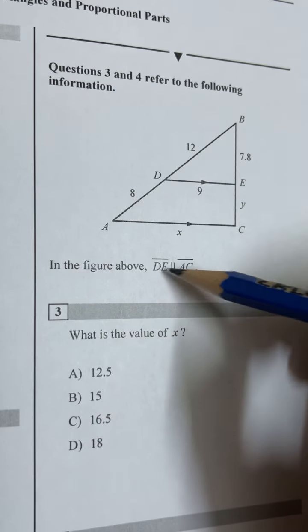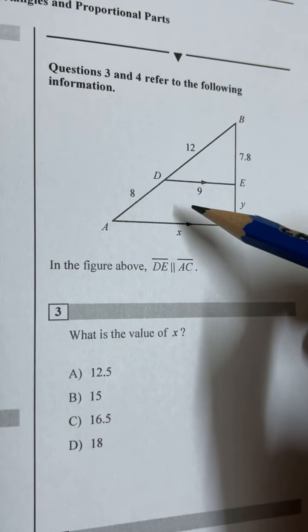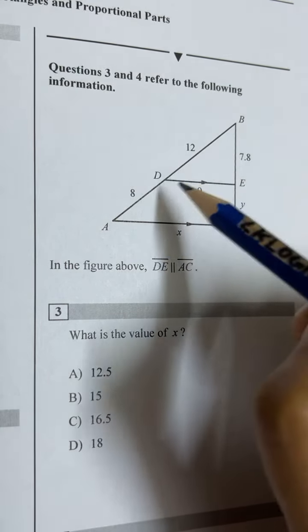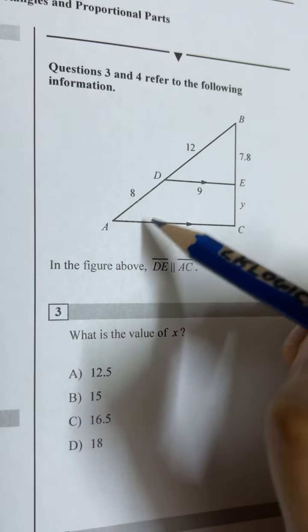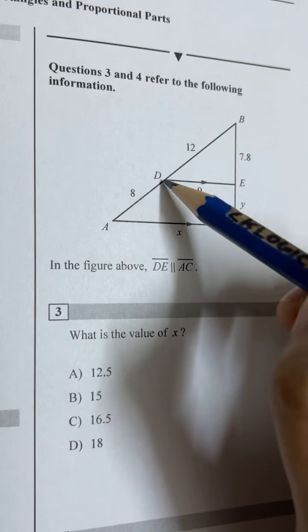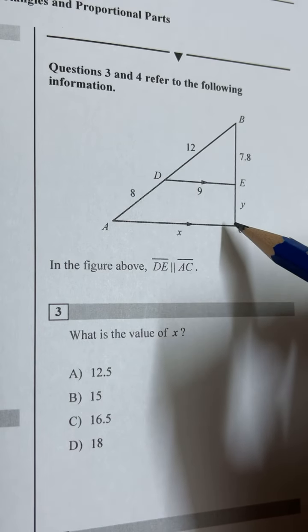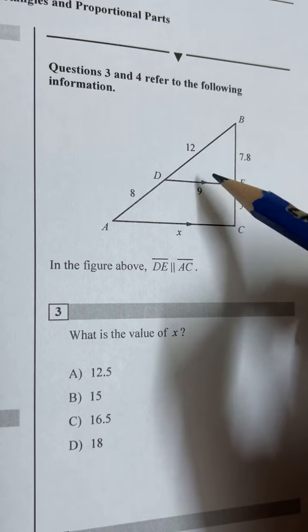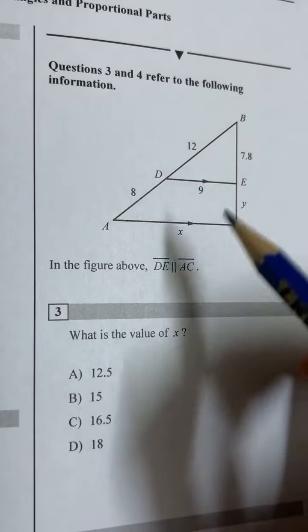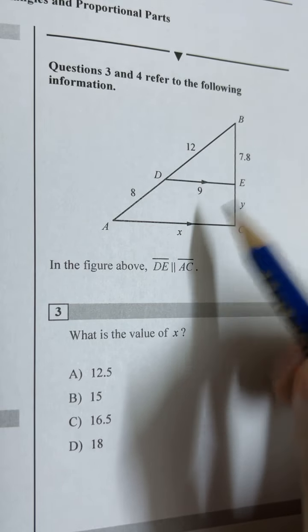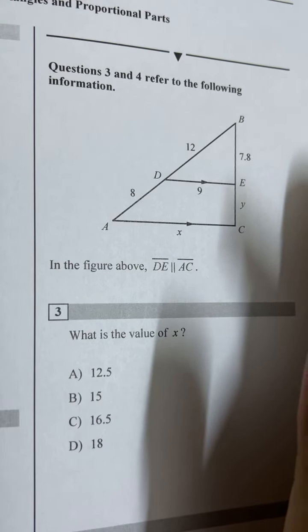So in the figure above, DE is parallel to AC. Whenever you have a line which is parallel to one side of the triangle and intersects the other two sides of the triangle, then you can write their sides in proportion. That's one main thing. What is the value of x? This is x, and it's really simple to find out.